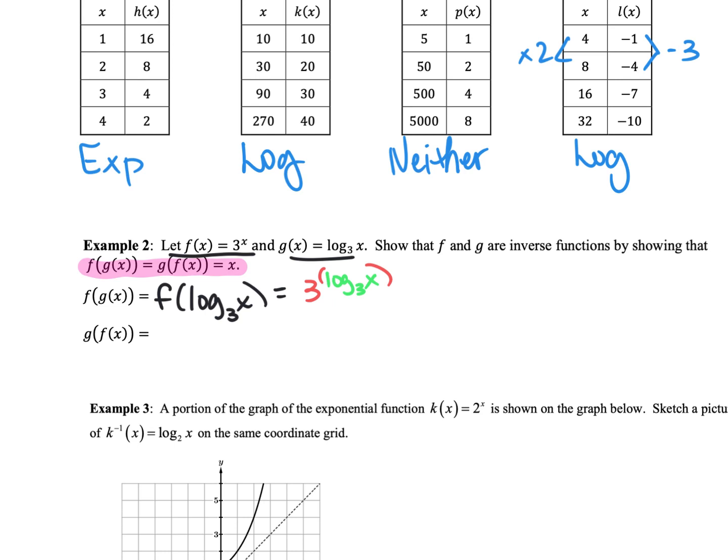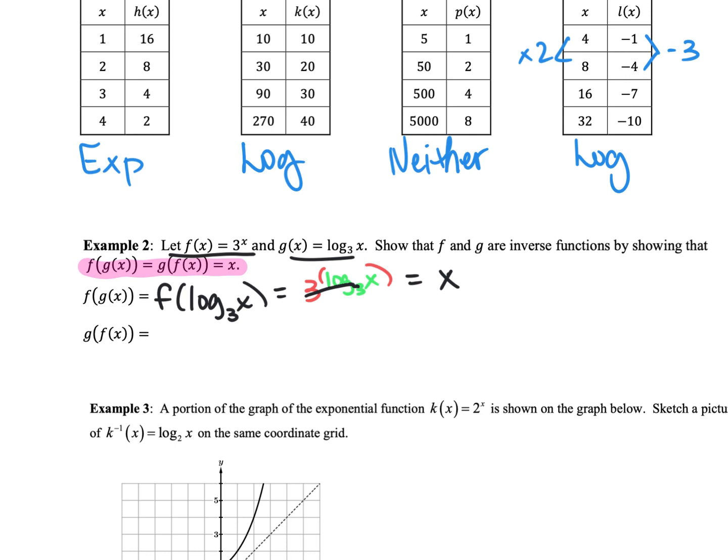So if I have a log and an exponent, what's going to happen? What do inverses do? They cancel each other out. They undo each other. So all that mess goes away, and what's left? Plain old x, okay? Plain old x is what's left.